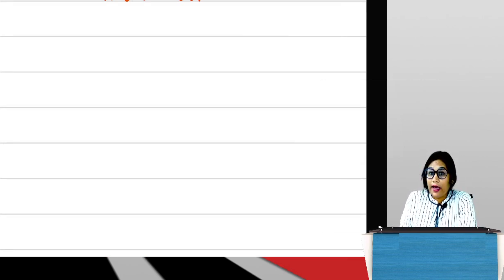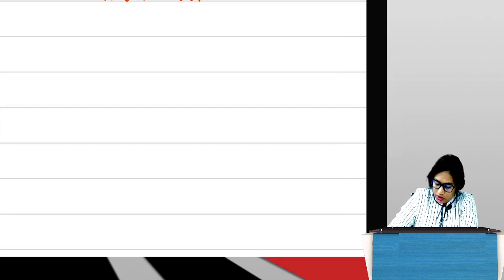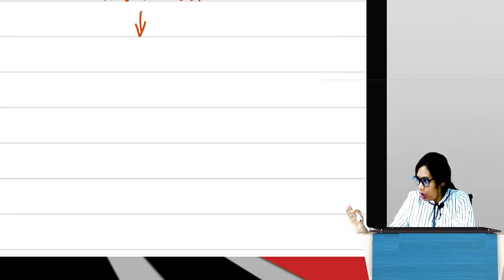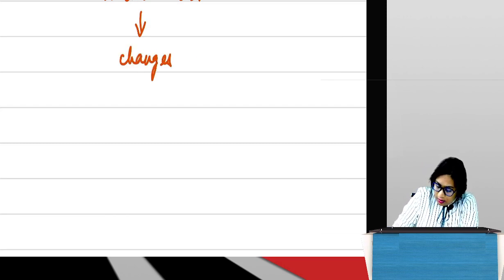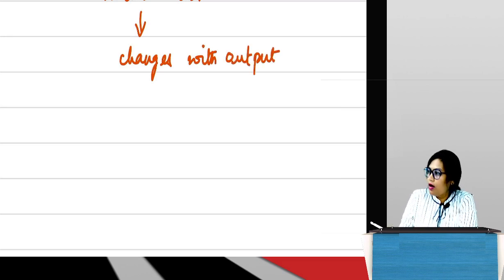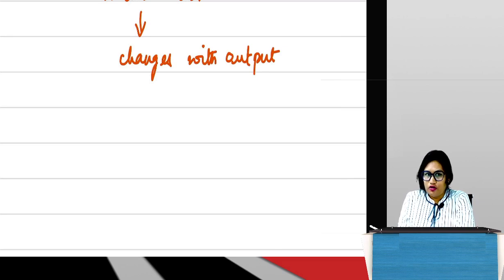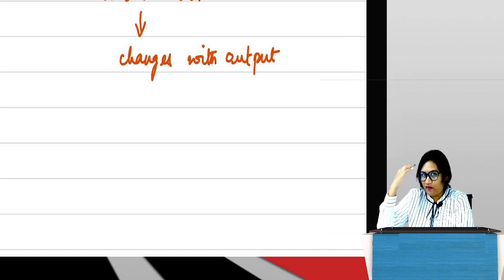What do you mean by variable cost? Variable cost is that cost which changes with output. So now that you know what fixed cost means, that it does not change with output, you can visualize what will happen to variable cost.